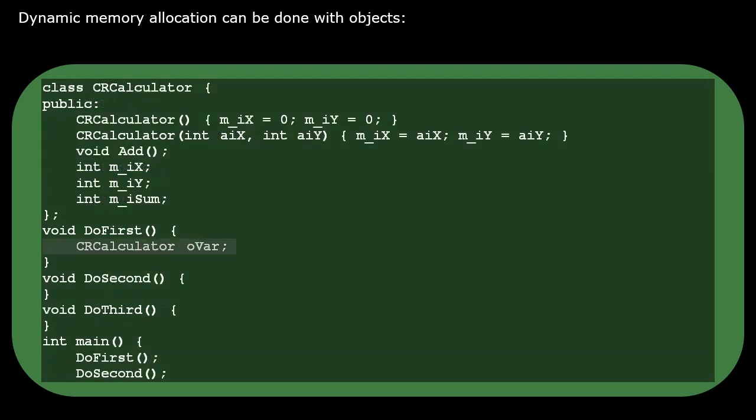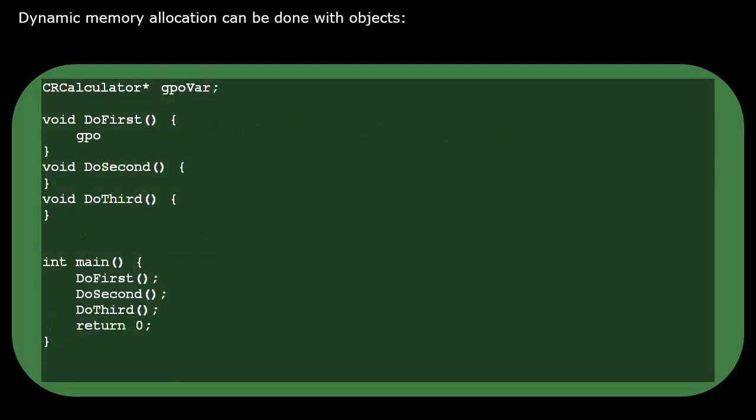Dynamic memory allocation can also be done with objects. If we didn't use dynamic memory allocation, then OVAR would get discarded as soon as it goes out of scope at the end of doFirst. But with dynamic memory, the object continues to live on.